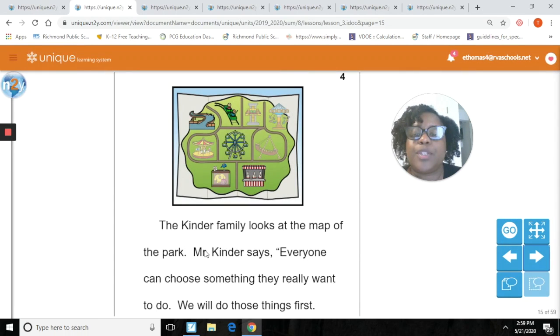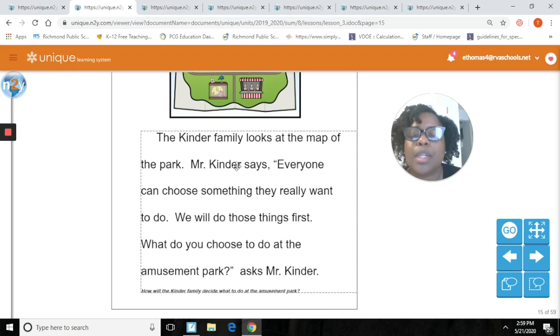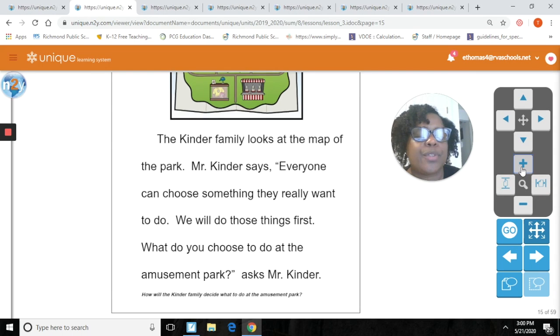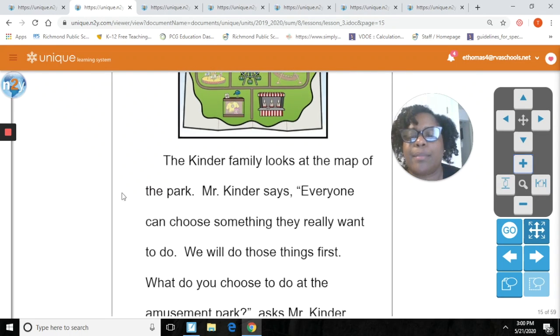All right. So the Kinder family looks at the map at the park. Mr. Kinder says everyone can choose something they really want to do. We will do those things first. What do you choose to do at the amusement park? Asked Mr. Kinder. So let's make this a little bit bigger so you can see this focus question at the bottom here.